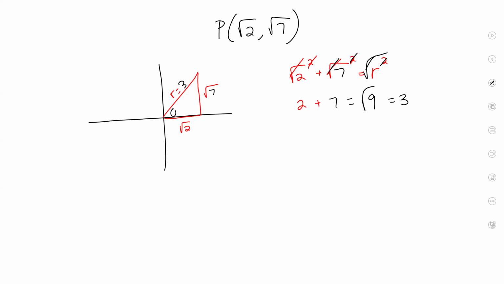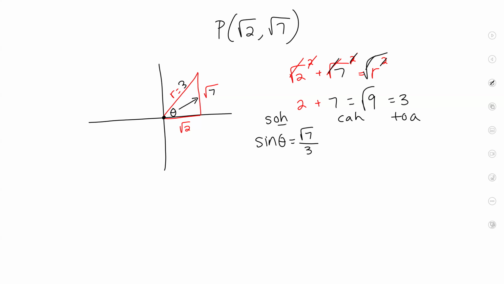Remember, theta is your inner angle with the vertex at the origin. Okay, so sine of theta, we're going to go opposite of theta. That's square root of 7 over the hypotenuse. Remember, it's SOH CAH TOA. So we did opposite over hypotenuse.